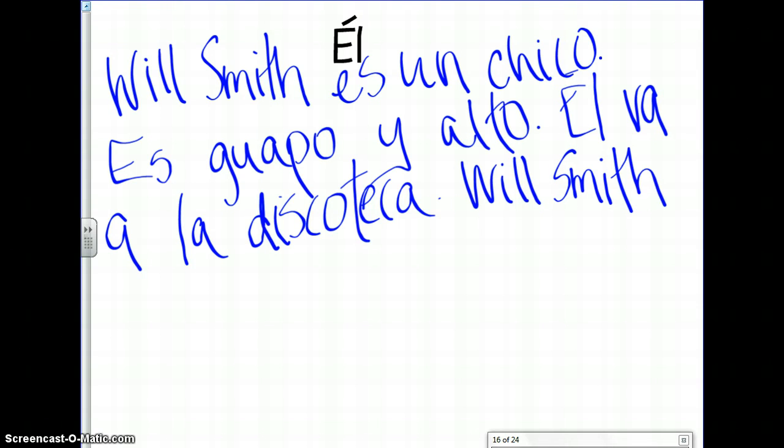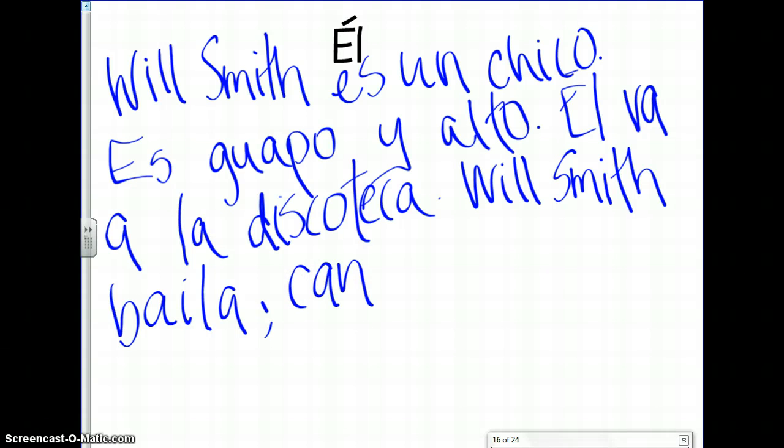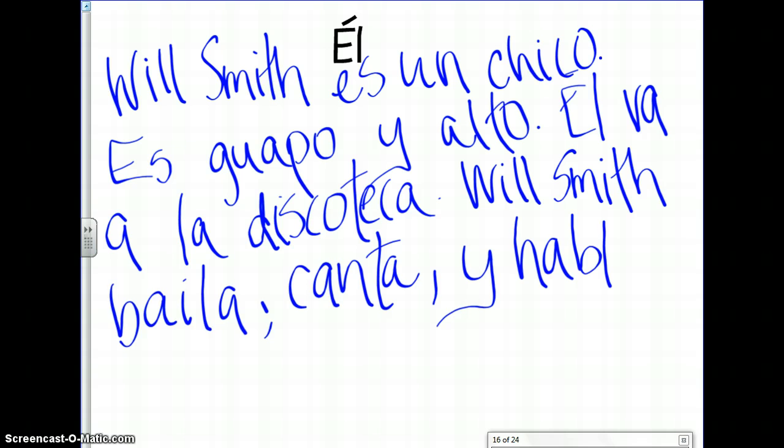What does he do at the dance club? I could say Will Smith baila, canta y habla. Who should he be talking to? Habla con amigos. Talks with friends.